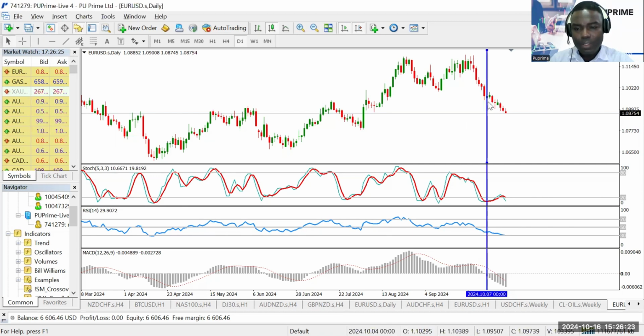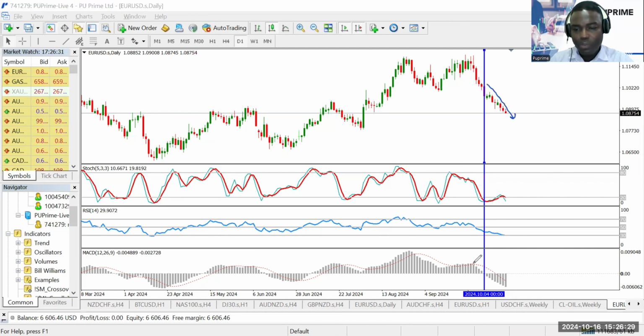When the MACD crossed here, you can see that there is a continuous downward movement of price afterwards. Yeah, the RSI crossed earlier, but the MACD often gives you the last setup. But anytime the MACD crosses, you can be assured that price has completely changed direction and is going in the new direction the market is showing you.